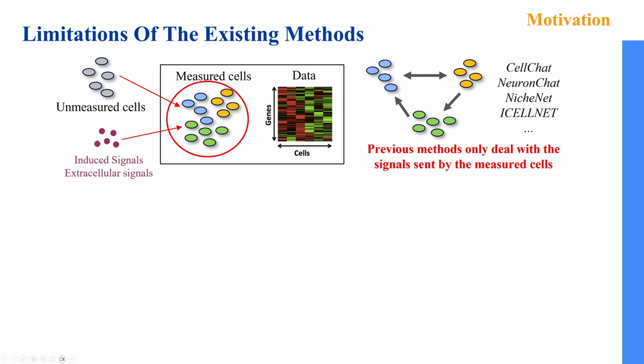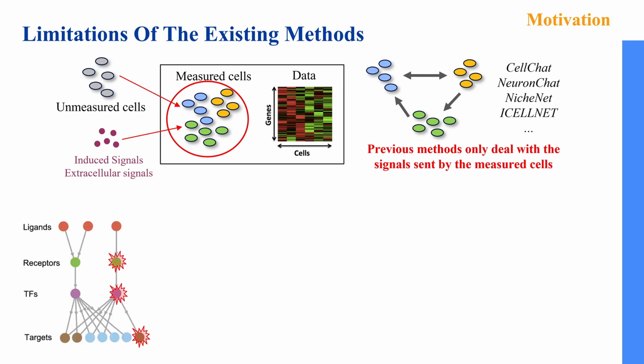And also, like in the EMT paper, they manually added the inducers to the measured cells, but those inducers are not expressed in these cells, so they are not captured in the data. But these inducers can be very important. They can drive the EMT process. So we want a method that can identify those, we call them external signals, that can have a very significant impact on the measured cells.